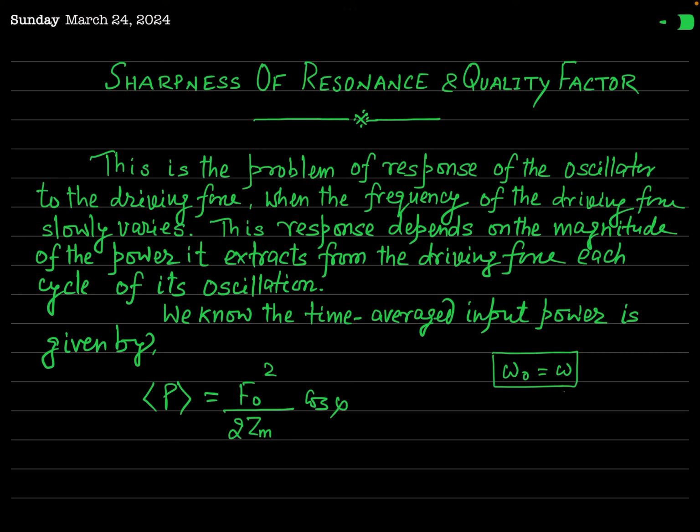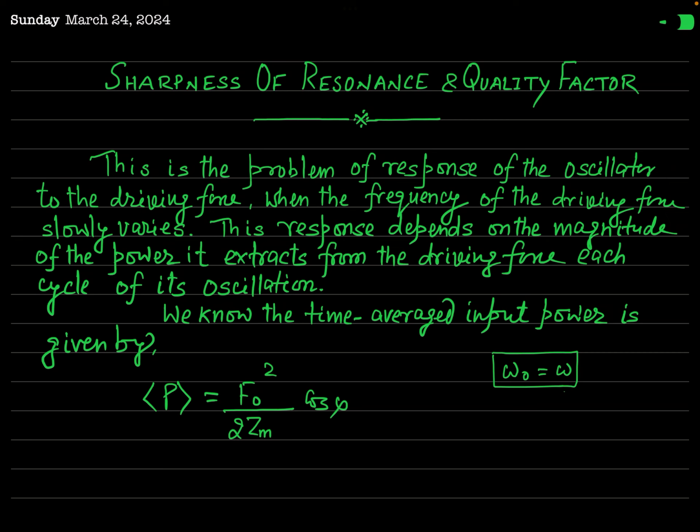So now let us see how we can discuss the sharpness of resonance in terms of the power extracted by the oscillator from the driving force. For this you have to remember the results which we obtained in my previous lecture.